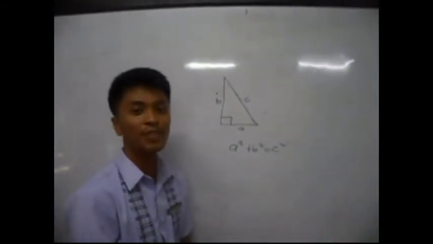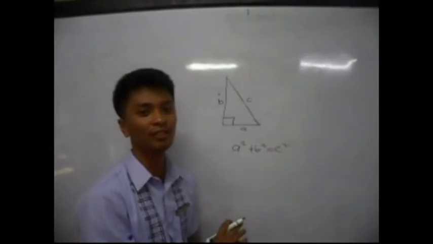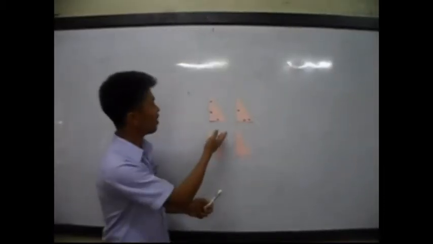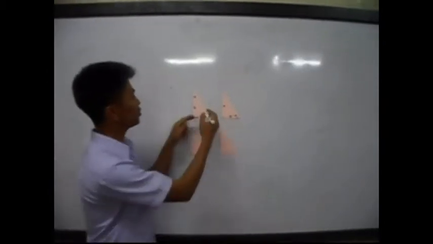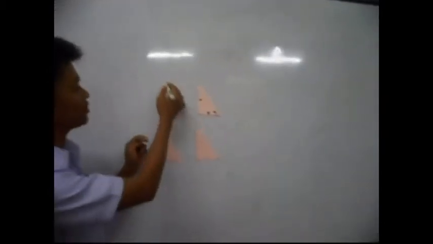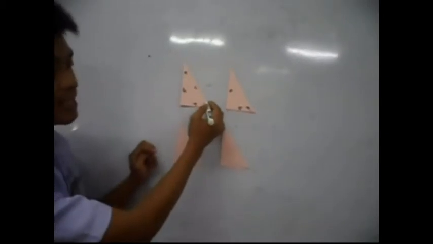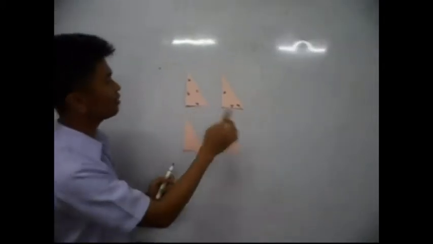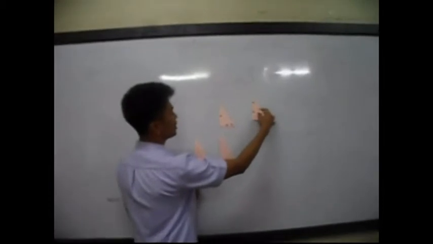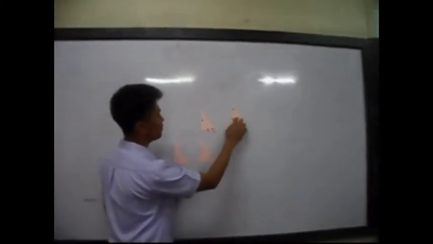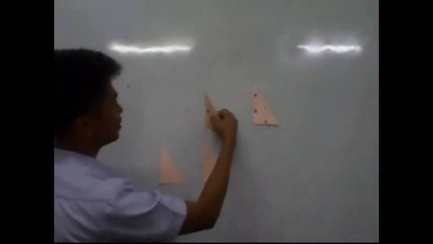Now let's make four triangles. So now we have our four triangles. Let's put the C on the hypotenuse side, or the longest side. Let's arrange these to become one square. Let's put B here and A here.